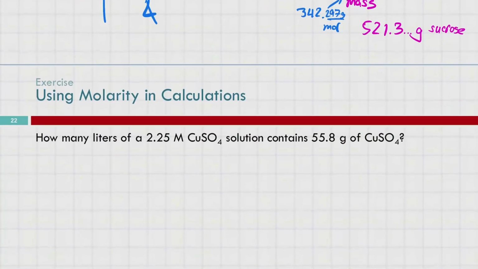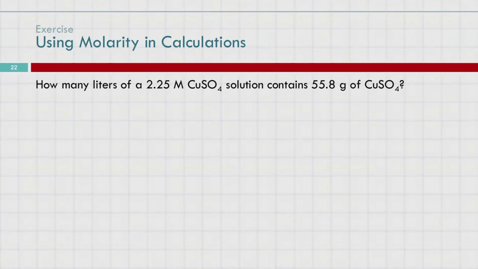All right, one for you to try. How many liters of a 2.25 molar copper sulfate solution, copper 2 sulfate solution, contains 55.8 grams of CuSO4? Remember that molarity is moles over liters. I'll give you some time to give that a shot.